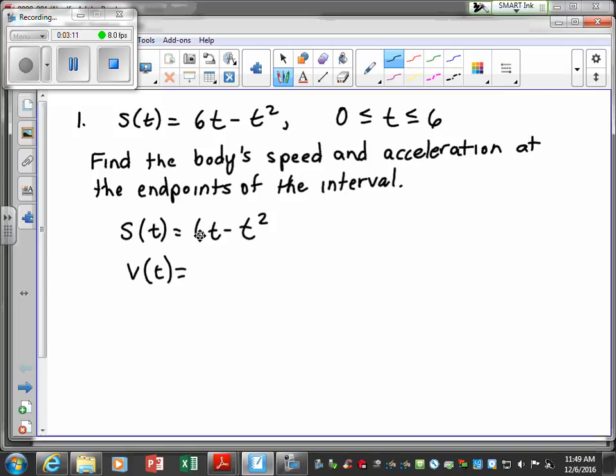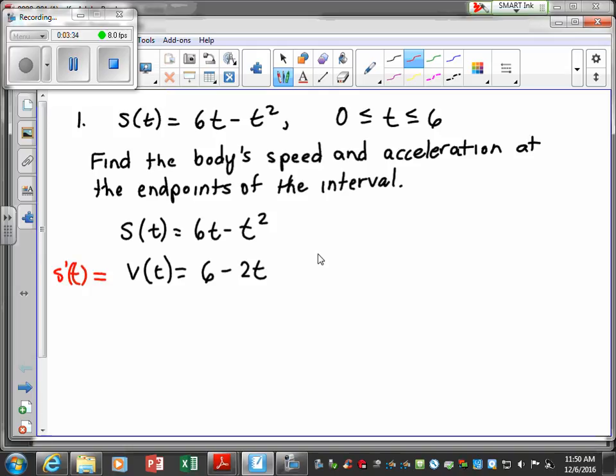What's the derivative of 6t? Just 6. And then what's the derivative of this? It's just going to be minus 2t to the n minus 1, which is just minus 2t. So velocity, which is also, aka, the first derivative of the position function, right? Okay.